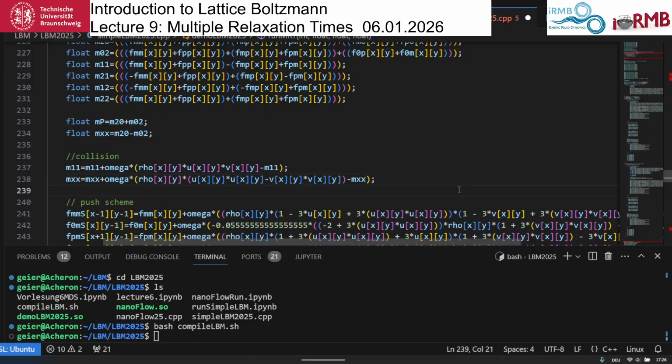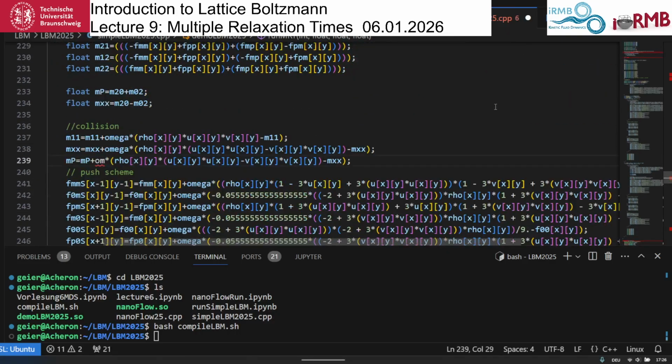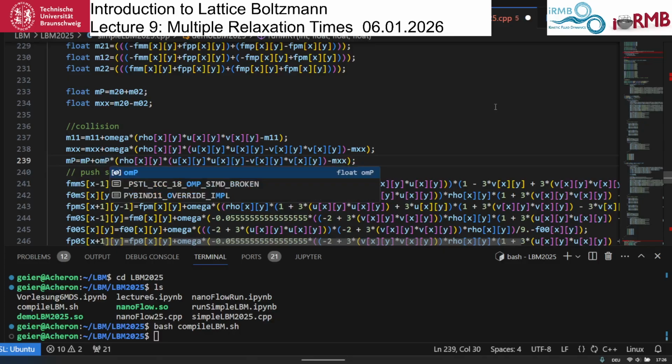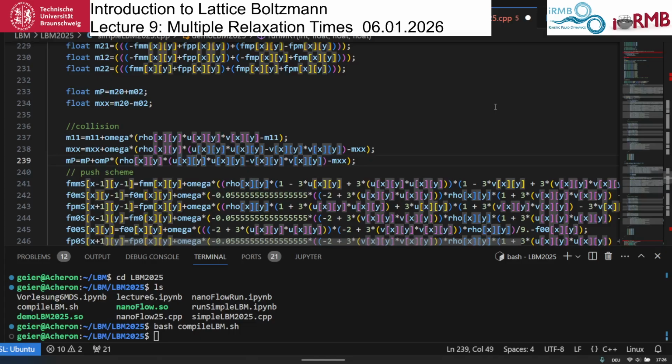So these are the hydrodynamic guys. Now let's go to the non-hydrodynamic guys. So because we are not using orthogonality here, okay, so how did we call them in the OMP? Yeah? So this will now be OMP. So how does this work?